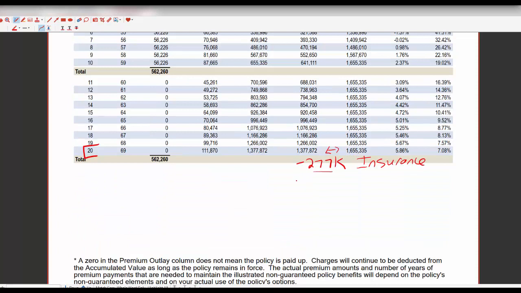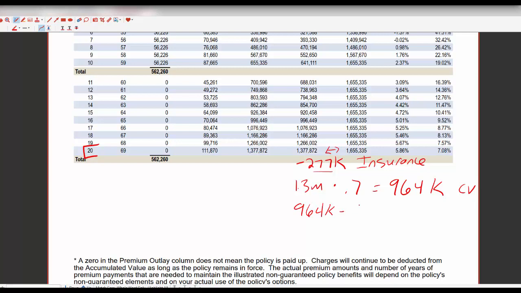So let's do a little bit of math. $1.3 million times 0.7 is going to equal $964,000. So if our new cash value after a 30% drawdown or a 30% pullback is $964,000, well, now we have to recalculate our net amount at risk. So let's do it again.